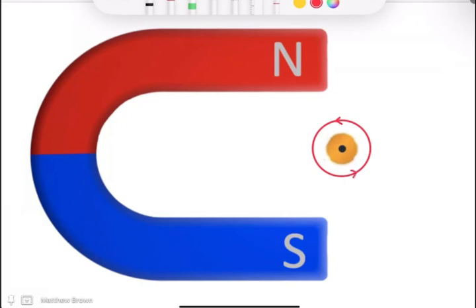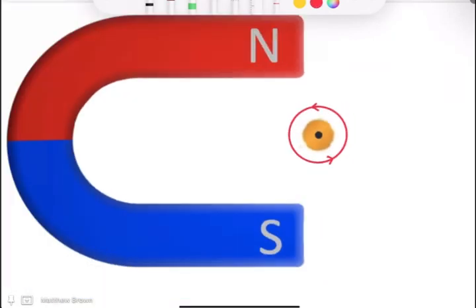But remember before I was saying, anytime you've got a magnetic field, you could look at it like, if I had a little magnet here, it's the direction a north pole would go, right? I'll try to make it a little bigger so you can actually see it.